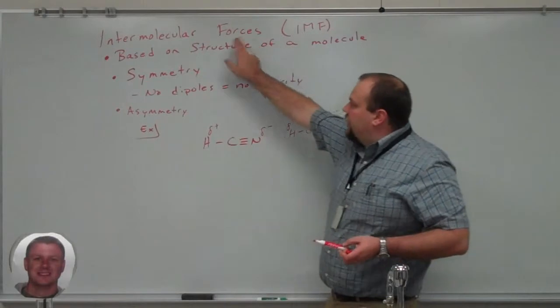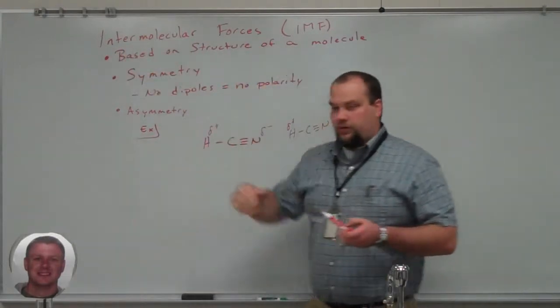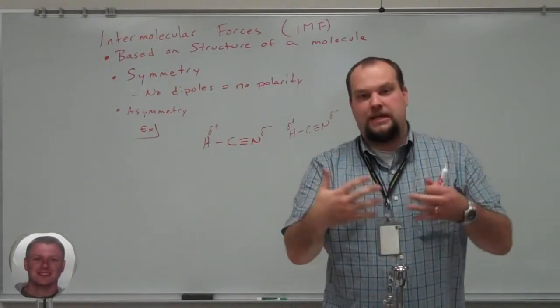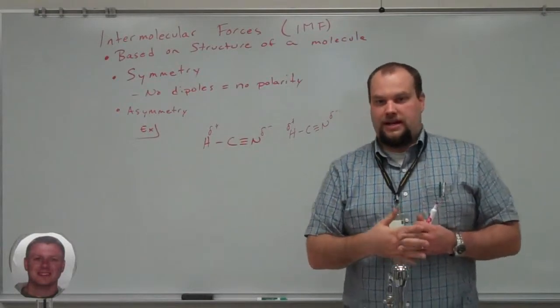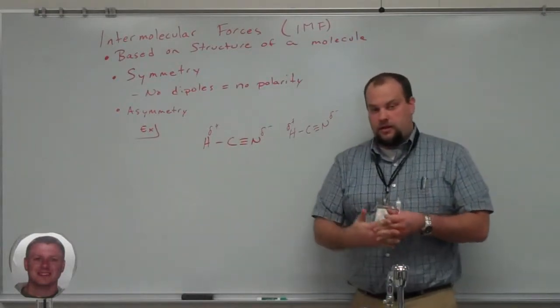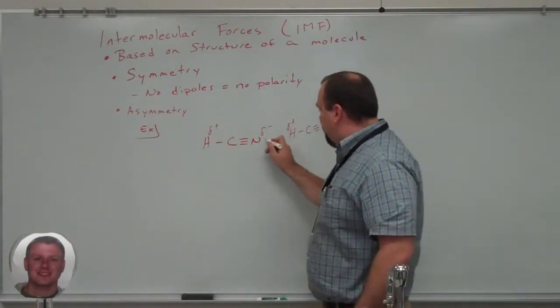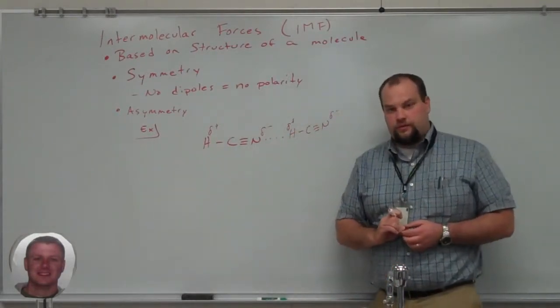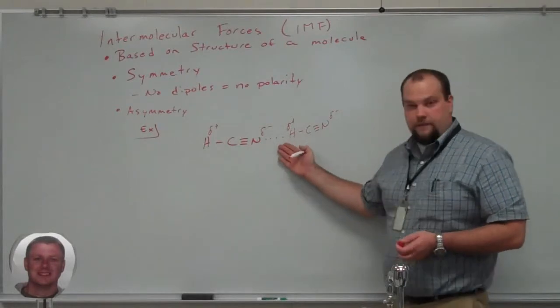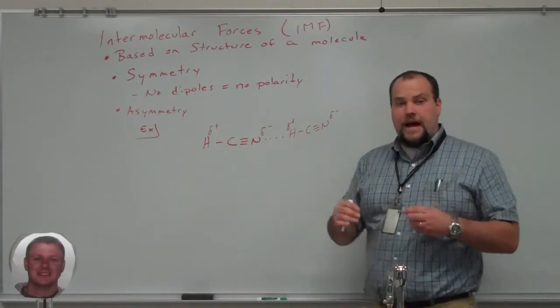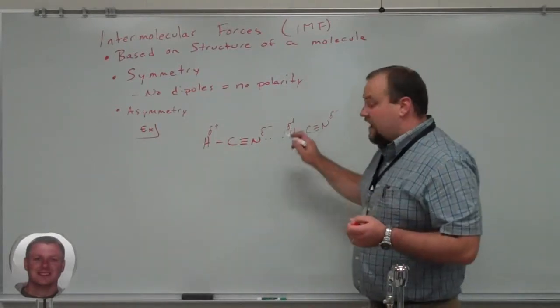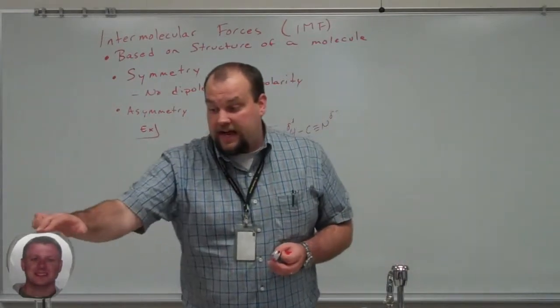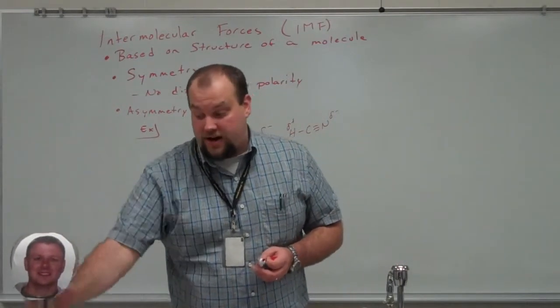It's a force between molecules. Intermolecular means between molecules. So I have a force between two molecules. This is called polarity. It's also called hydrogen bonding when I have a hydrogen involved. Right? Tiny Tim is really excited right now.